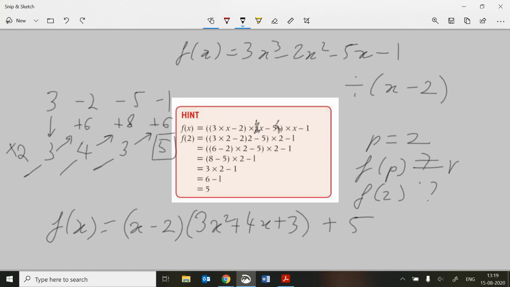It relies on us knowing that f of x can be rewritten like this. Now, there's a lot to unpack there. There's a lot of learning to do, and this is going to take quite a bit of practice to get right. So not only have you now spent a couple of hours practicing your division of polynomials using long division, you're now going to need to practice this kind of thing quite a few times through, probably a couple of hours again.